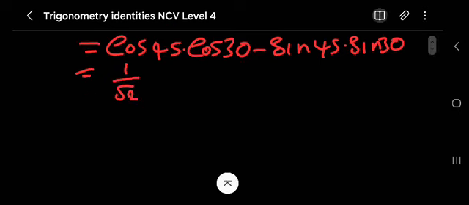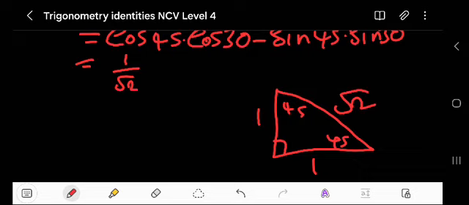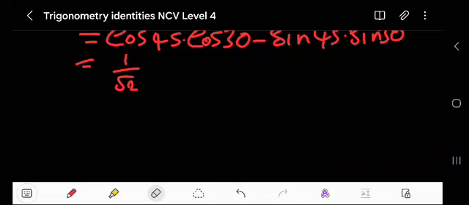From where did I get that? From this triangle with 90 and 45 degrees: we have 1, 1 and square root of 2. This is what we know. Then you also have cos 30.